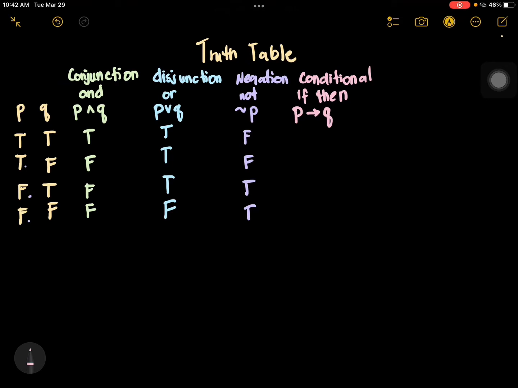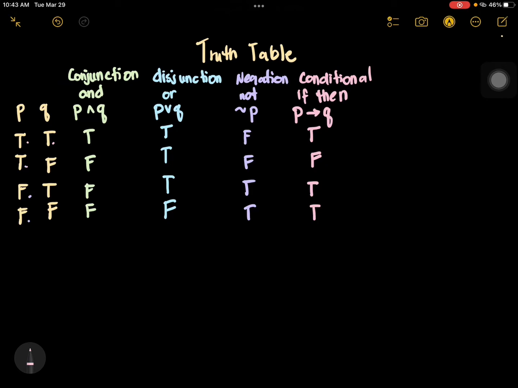Otherwise, if P then Q is true. So we have true, true, so it's true. True, false, so this is false. This is the only event where the conditional is false, when P is true and Q is false. Then false, true is true. False, false is true.